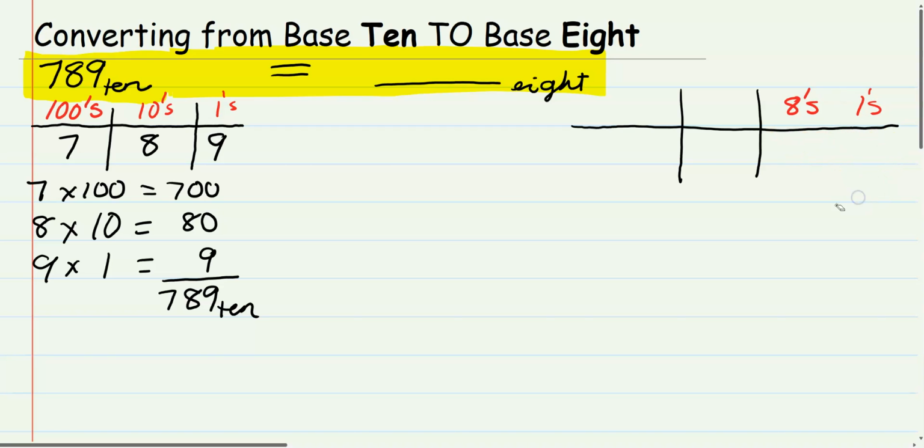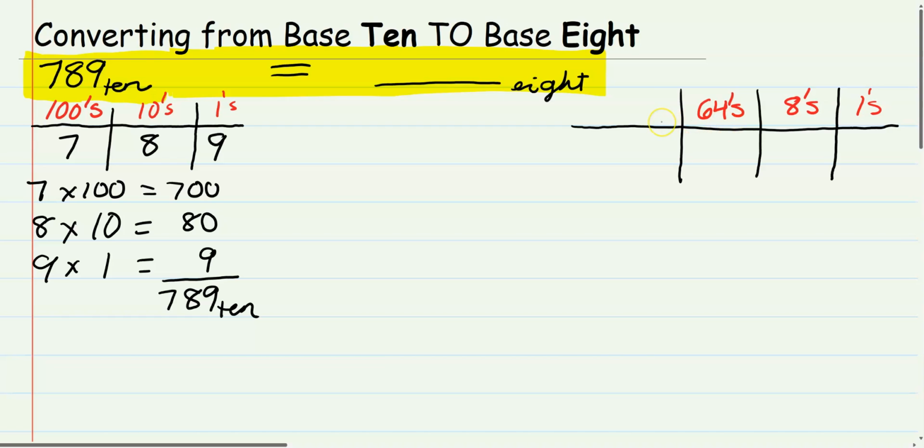That's how the concept of place value works. If you are in base 8, it will take 8 of one place to go to the next place value. With that said, the third place value would be worth 8 groups of 8, and 8 groups of 8 is 64 in base 10.